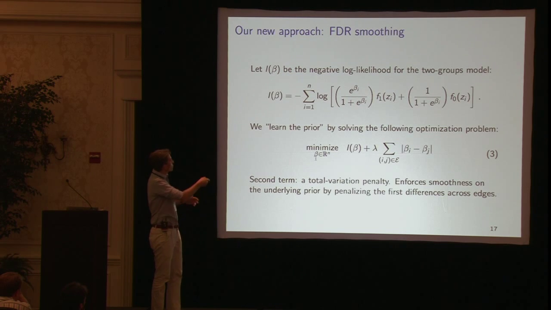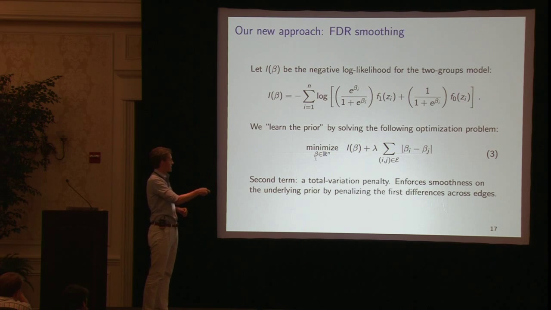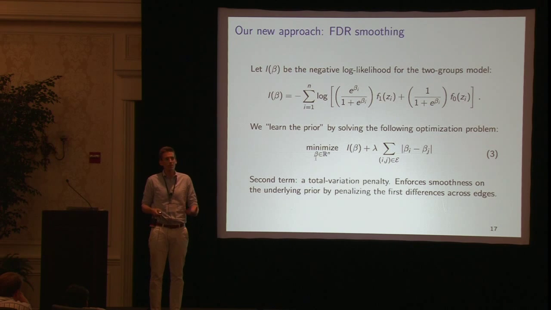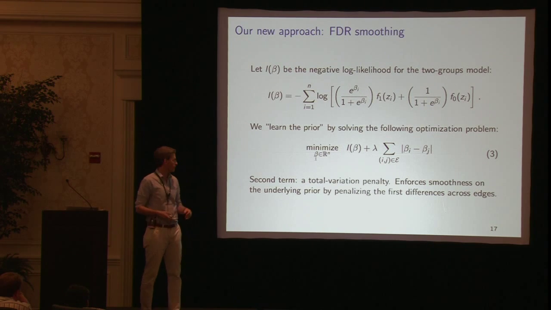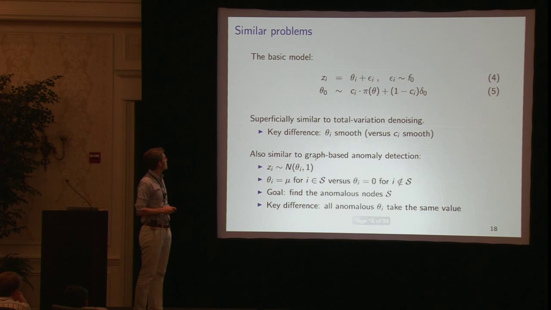I will learn what these underlying log odds are by minimizing this objective right here. So I've got a classic total variation penalty, not on the z-scores themselves, but on this latent field of log odds. We solve this optimization problem, and what comes out is the empirical Bayes estimate of all of those betas.